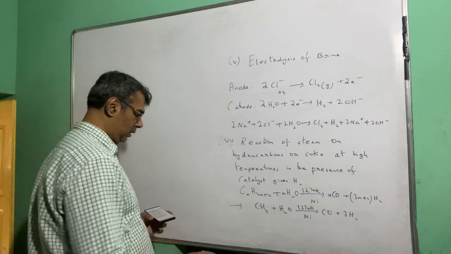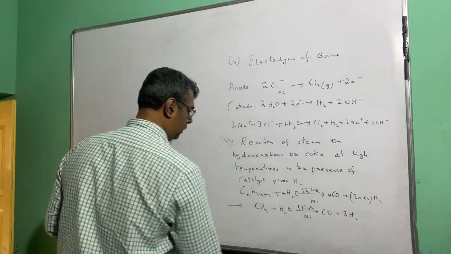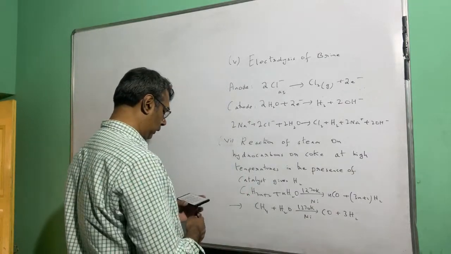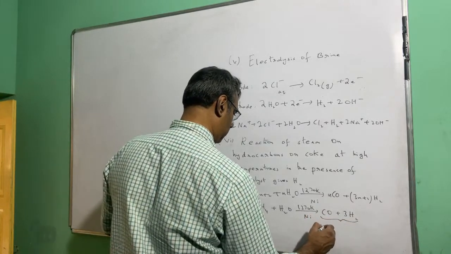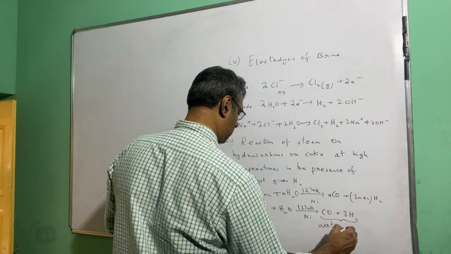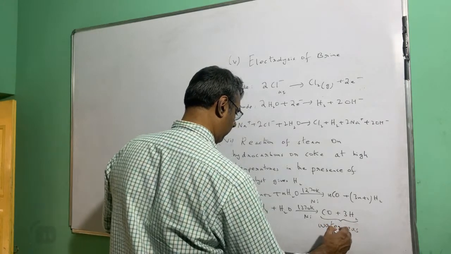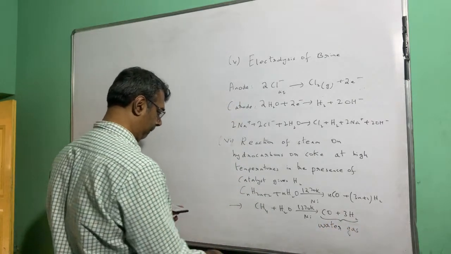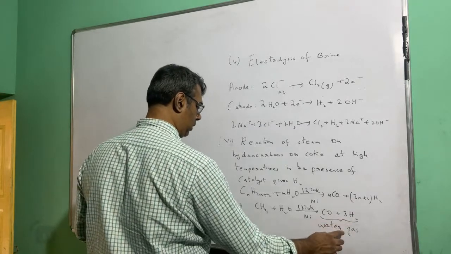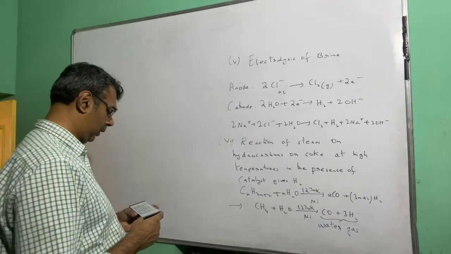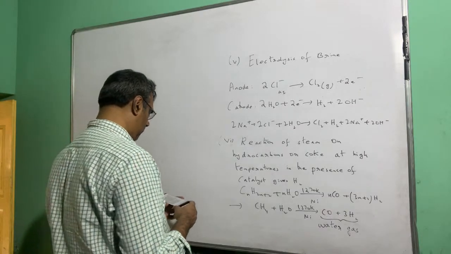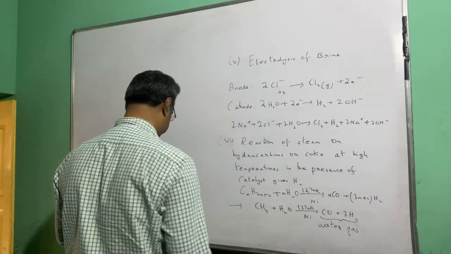Now this mixture of CO and H2 is called water gas. The mixture of carbon monoxide and H2, that is called water gas.